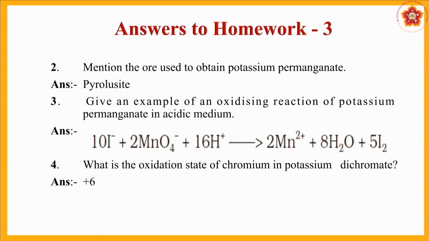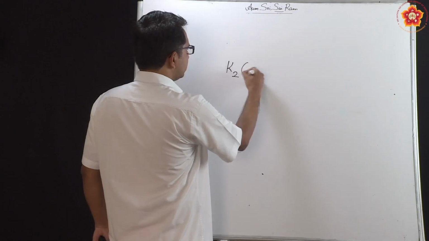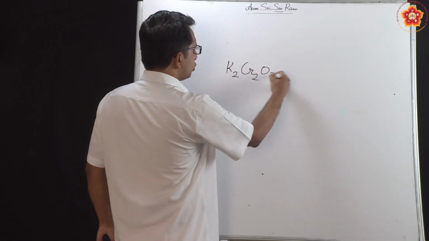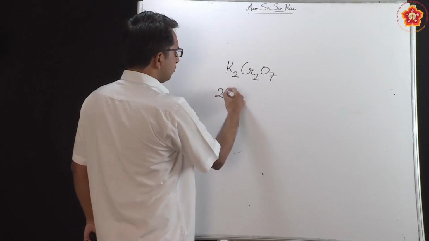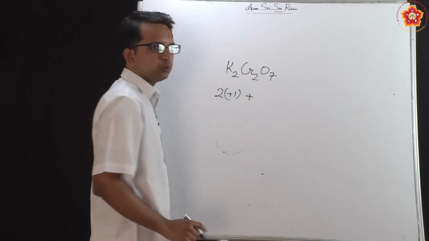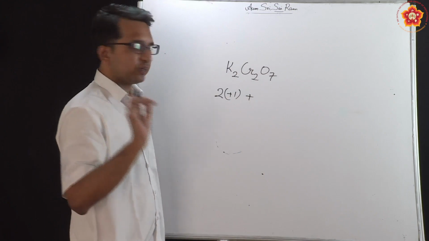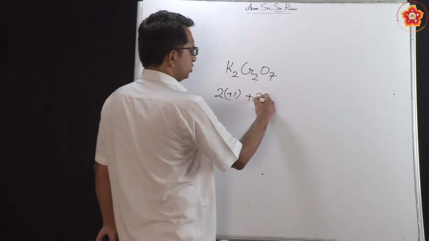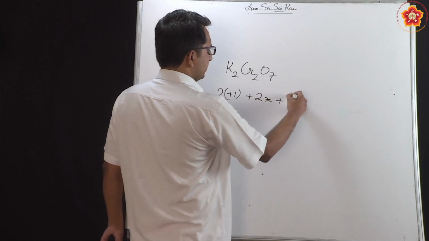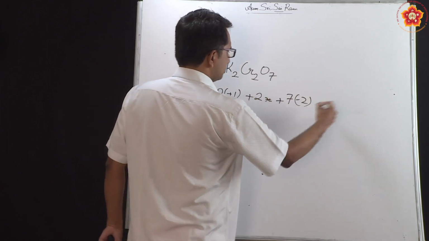And finally, what is the oxidation state of chromium in potassium dichromate? This is normally a 1 mark question, but how do we calculate it? The formula is K2Cr2O7, and in this there are 2 atoms of potassium which have +1 charge, since we know that S block and P block elements have specific charges, whereas D block elements have variable oxidation states. So, this is 2 into x plus 7 into -2.